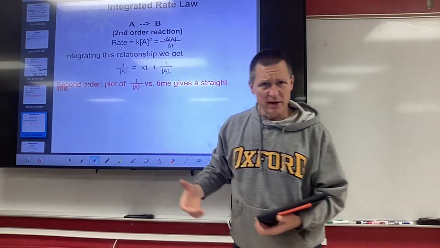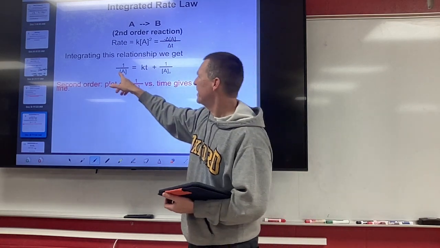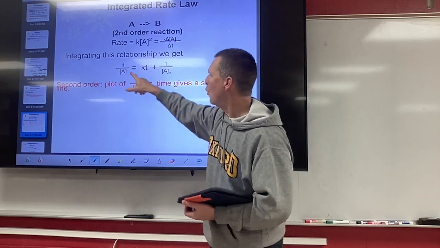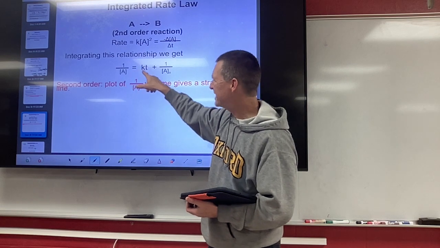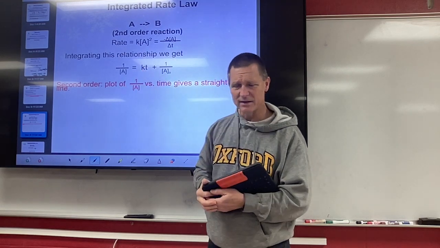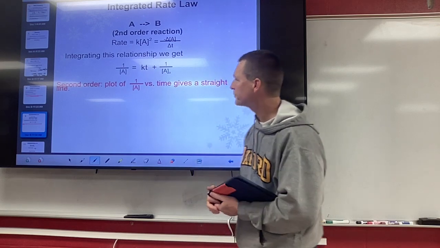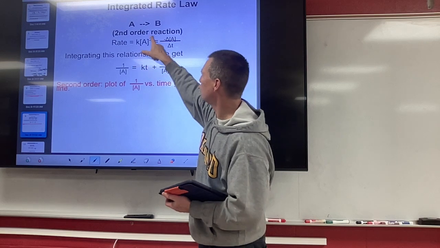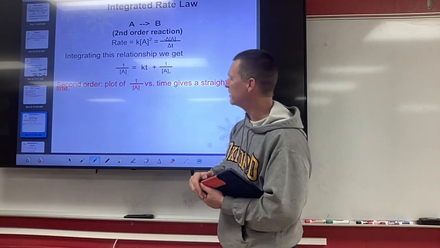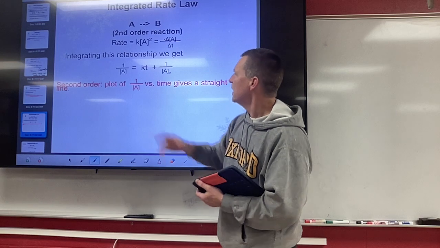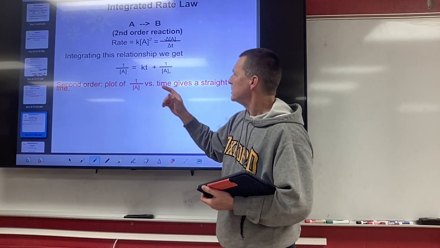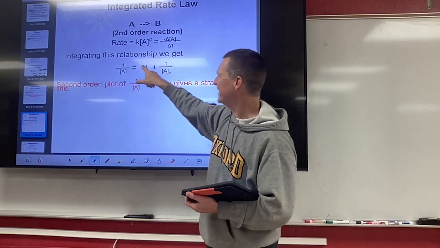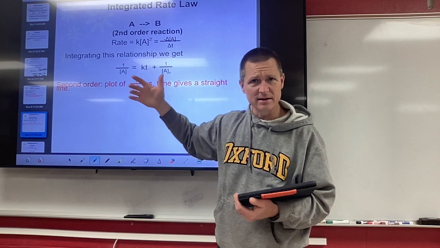Now, if you integrate that relationship, you're going to get this expression: 1 over the concentration of A equals positive kt plus 1 over the initial concentration of A. This again is a second order reaction, second order meaning that the A had a squared term. In this integrated rate law, the k is a constant, called the rate constant.